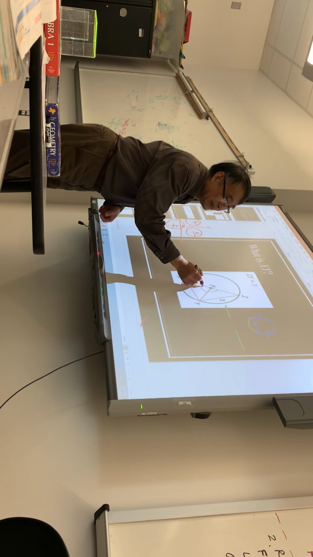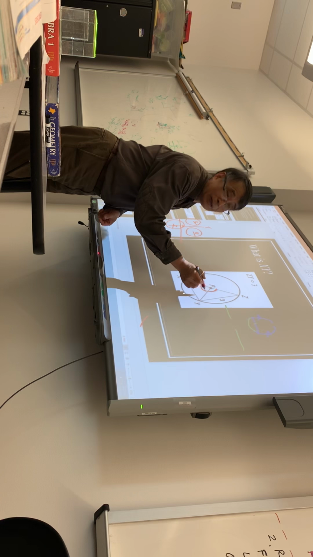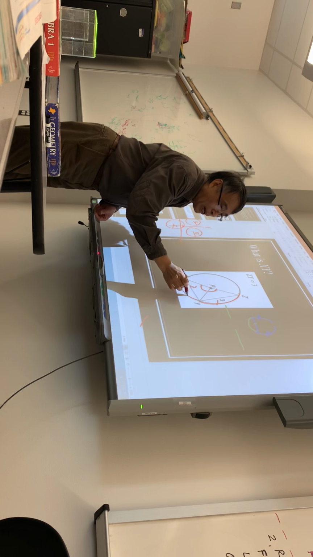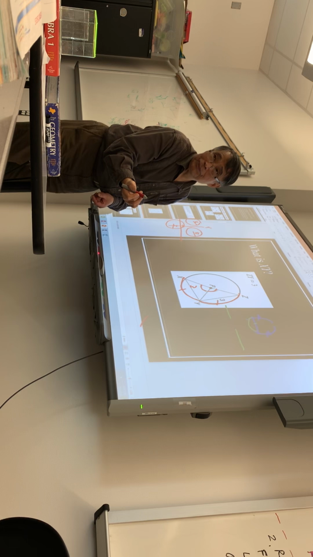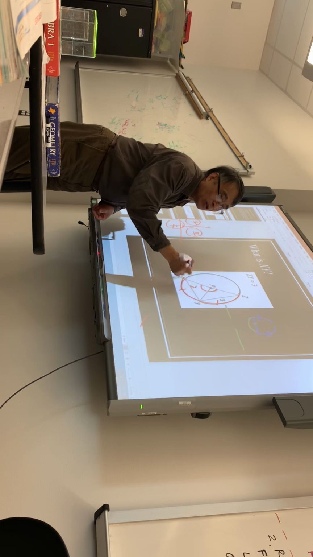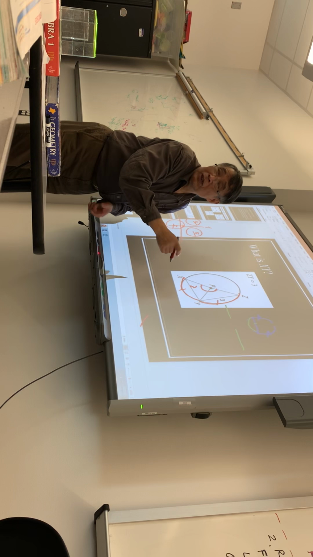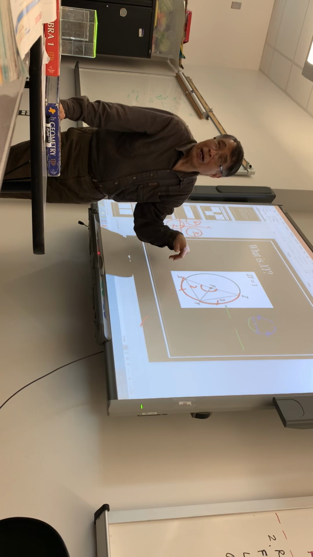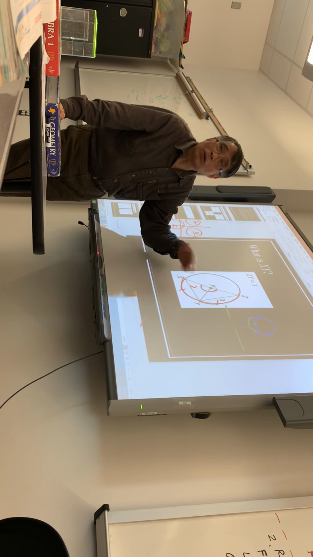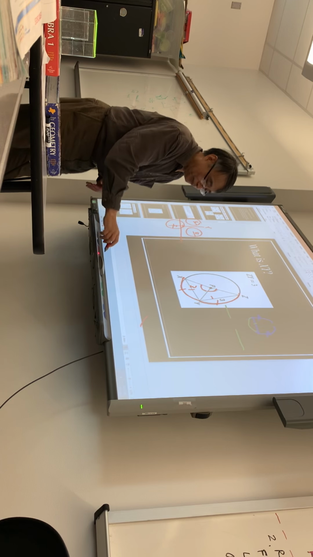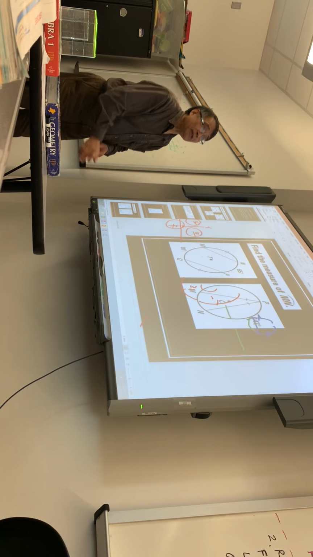Because this central angle equals this central angle, ZY and YX should be congruent. Do you understand, please? They are congruent, so the chords must be congruent. Chords congruent, the arcs are congruent. Arcs congruent, the chords are congruent. So because this is 3, this is 3, because they are congruent. If you have any questions, stop me.